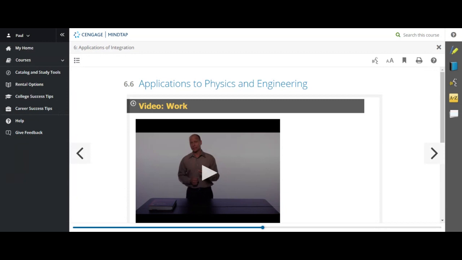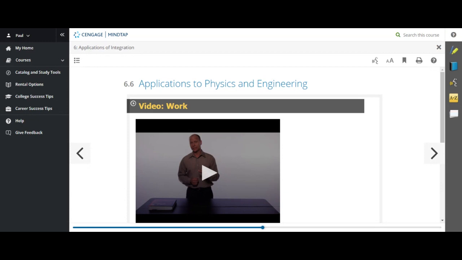How many have to take a physics class or an engineering class? Okay, let me see here. There's a number of you: Masume, Helen, Mark, Opiemi, Clea, IB, Shalom. Calculus, of course, is involved in these courses.